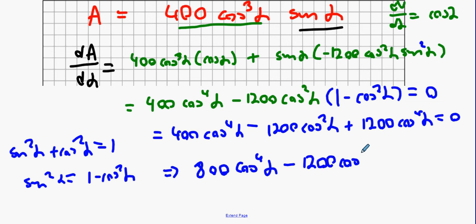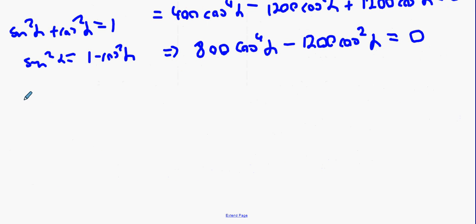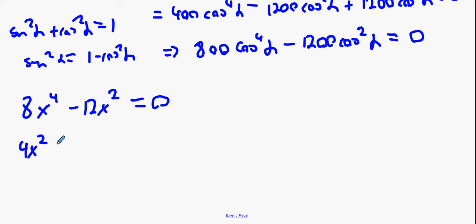Yeah, we're in business. For those of you that don't know, I'm essentially doing this equation here. I'm doing 8x to the power of 4 minus 12x squared equal to 0. I'm going to take out 4x squared, and I'm going to be left with 2x squared minus 3 equals 0, right? So that's essentially what we're doing here, because when we divide by 100, that's what we have.